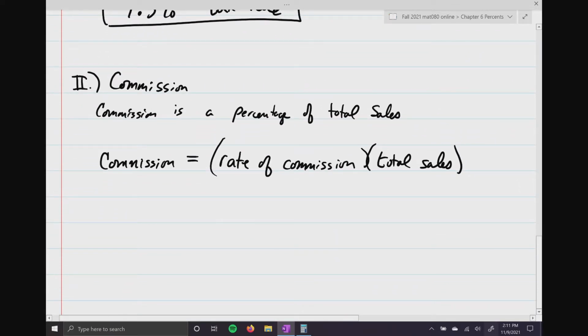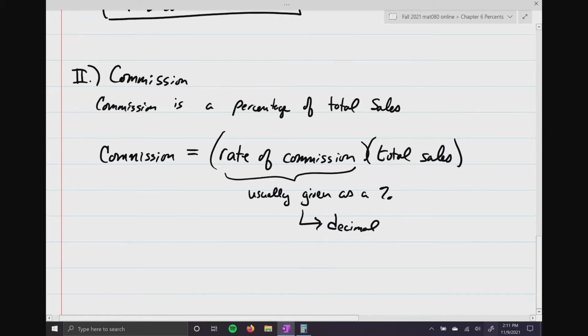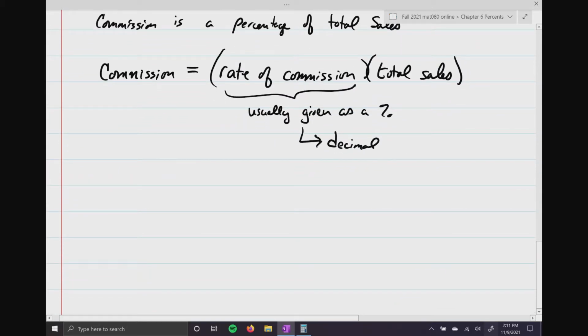Now, remember, this rate of commission is usually given to us as a percent. So we're going to have to convert that into a decimal before we can do any math. Okay? So here's a pretty standard question.